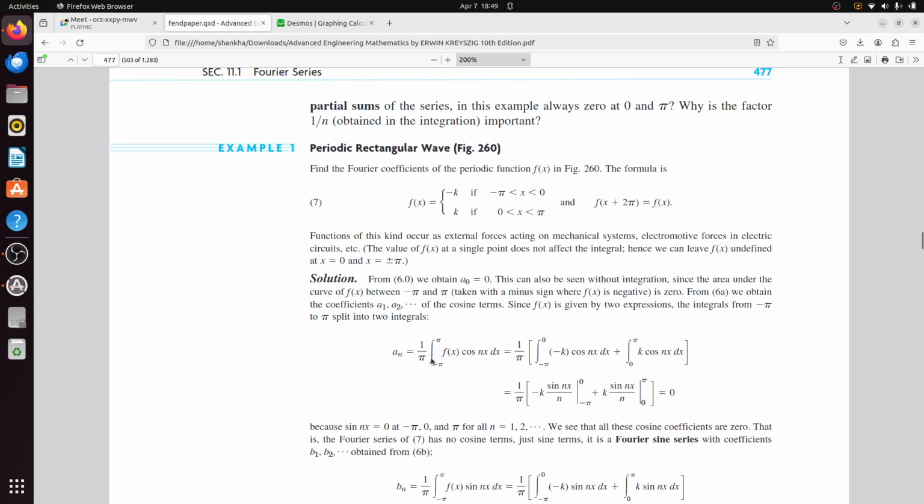So the integral of f(x) cos nx: first break it as minus pi to 0 of minus k cos nx, and 0 to pi of k cos nx. Then these cancel out and vanish, so that will be 0.